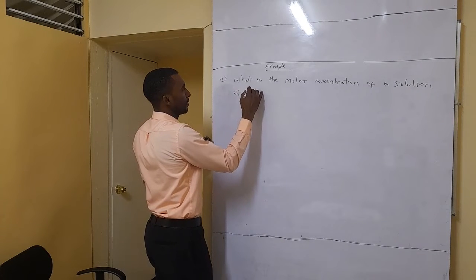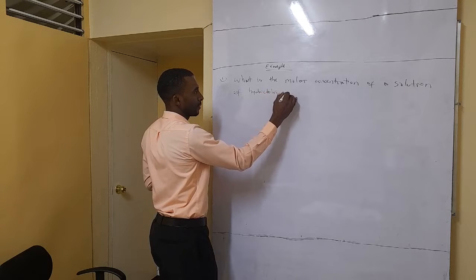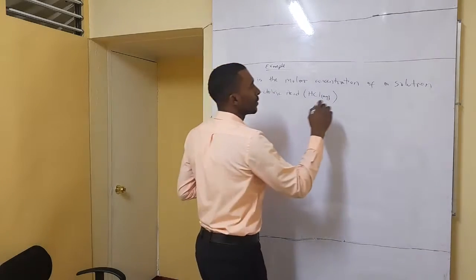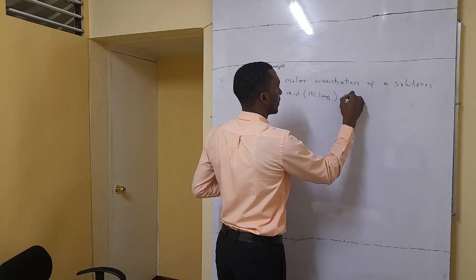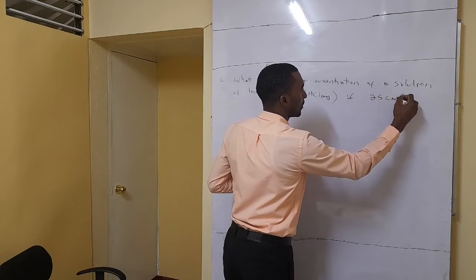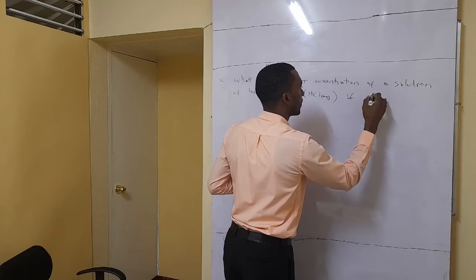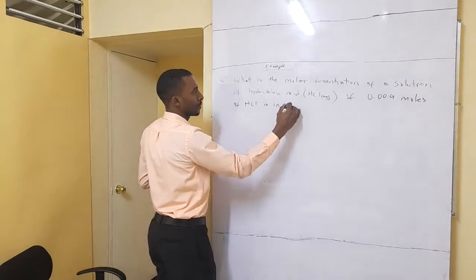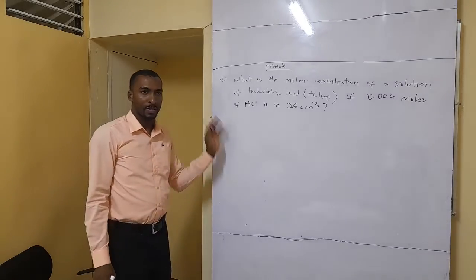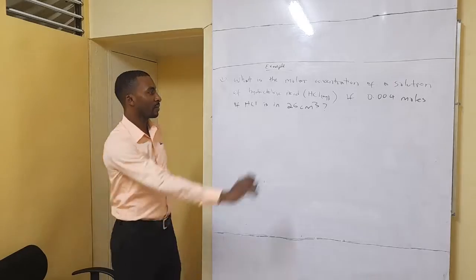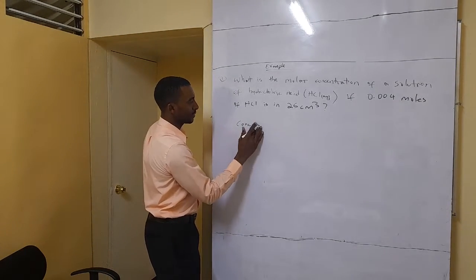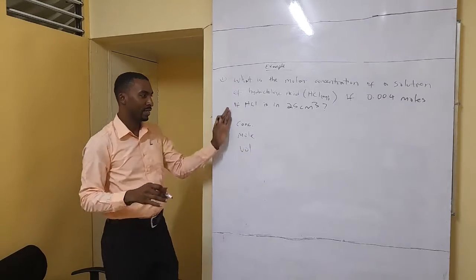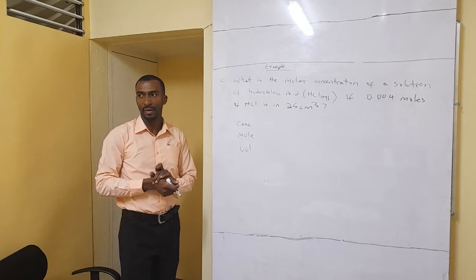Concentration of hydrochloric acid. Whenever it comes to moles, concentration and volume, we are going to have concentration, where CONC is concentration, mole, and volume. These three quantities are interrelated.